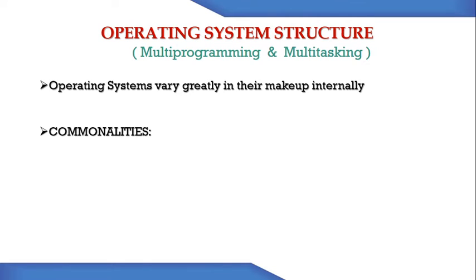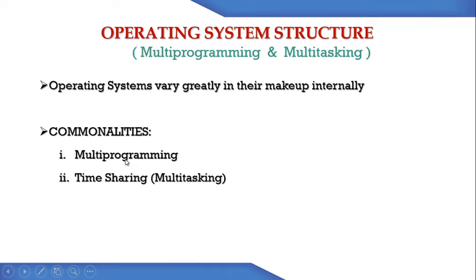The first two things are multi-programming and time sharing, or multitasking. These are two very important topics. First let's talk about multi-programming, then we will see multitasking. Multitasking is also known as time sharing.